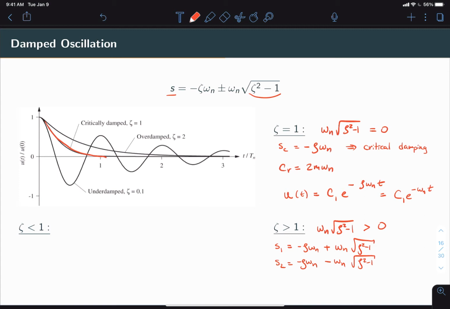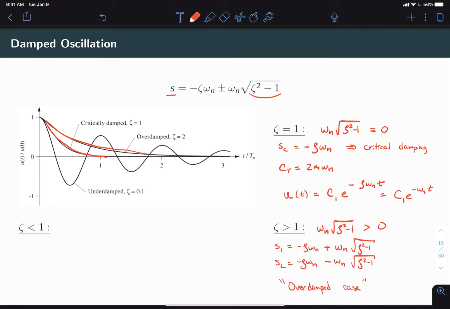So the overall solution, remember, is going to be a sum of both solutions. The decay of the full solution is always going to be slower than the critically damped case, right? But it will still not oscillate. It'll simply reduce to an exponential decay, just as in the other case. So we'll get something like this. Okay? This is what we call the overdamped case.